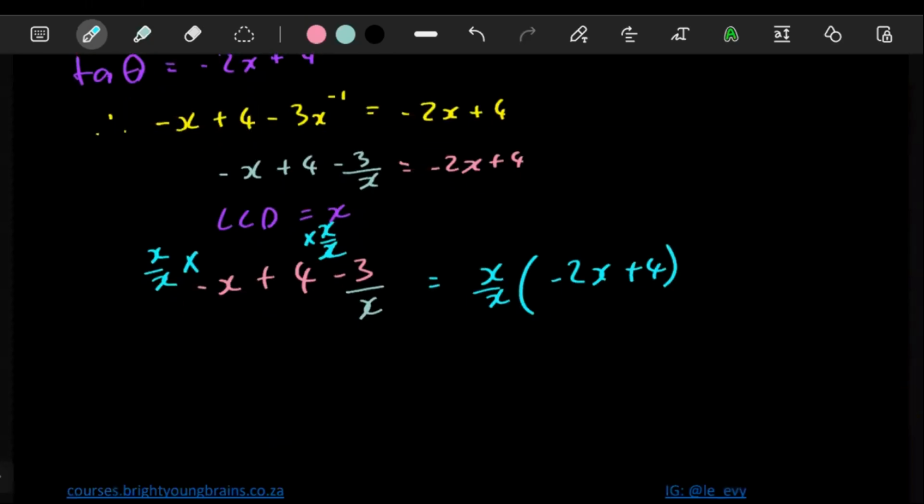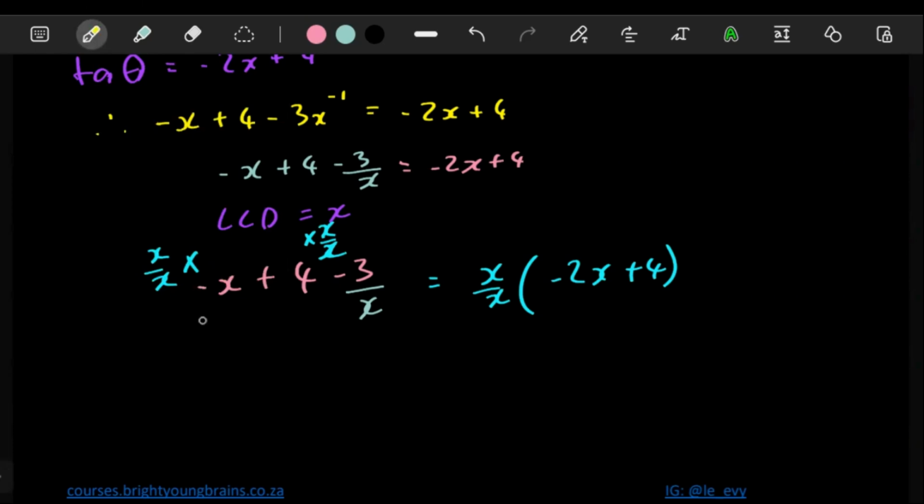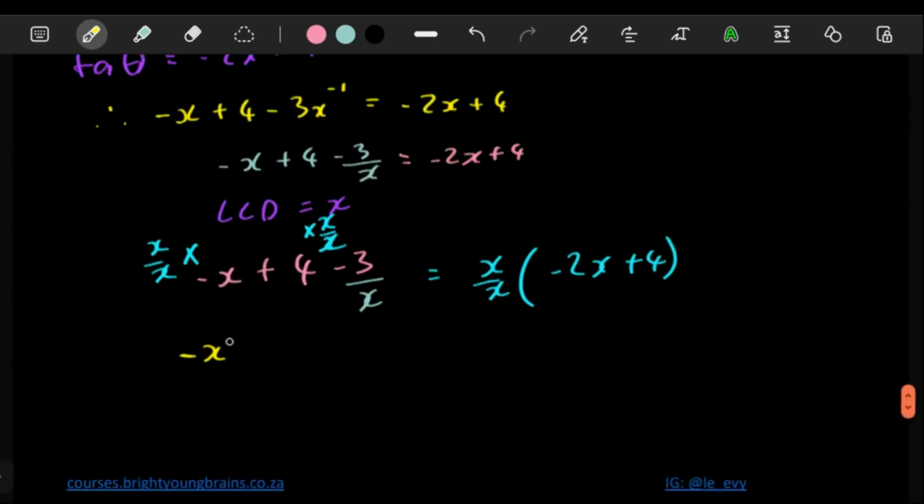We definitely want to be a bit cautious, but this is gonna give us negative x squared plus 4x minus 3, the whole thing over x.